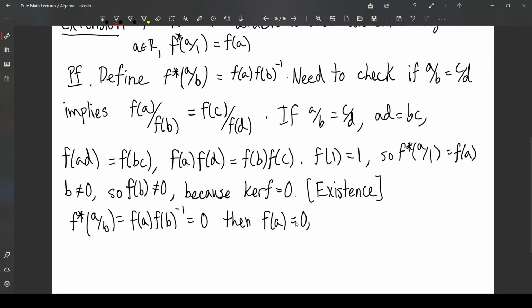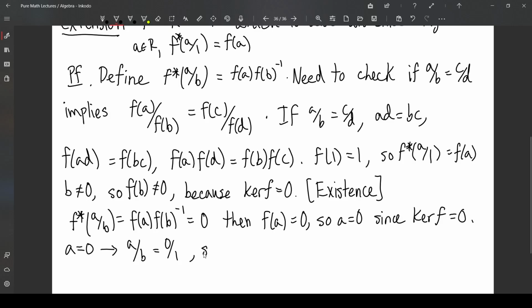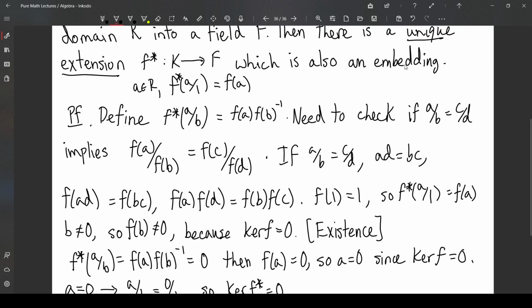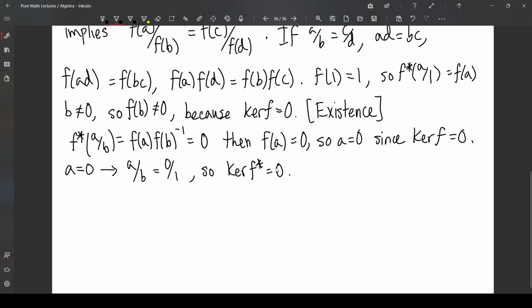And then since f is injective, A is 0, since the kernel of f is 0. And then A equals 0 means that A over B is 0 over 1. So the kernel of f star is also 0. If you want to be super technical, you should check that this is a homomorphism, but that's pretty simple.